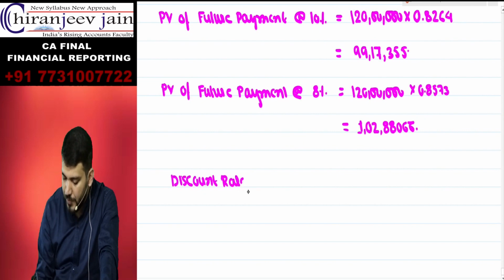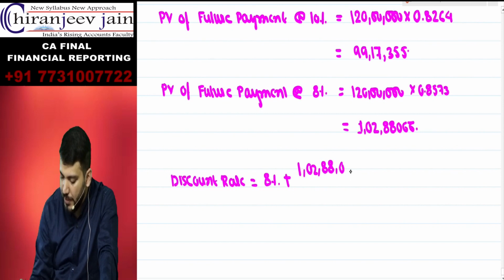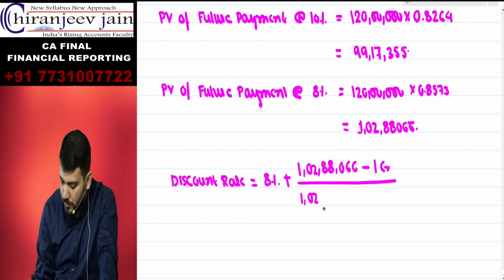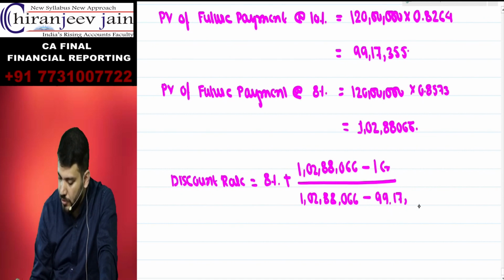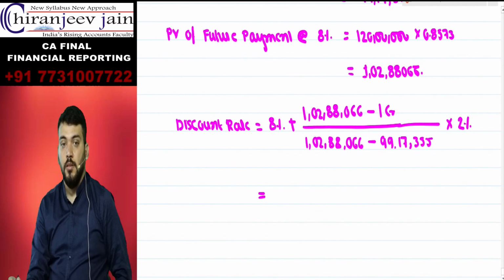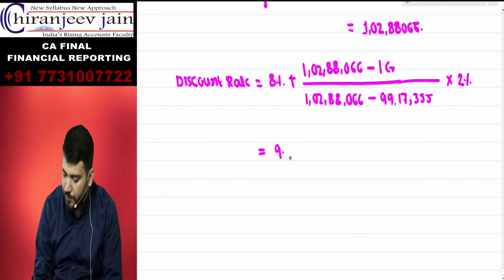Discount rate is equal to 8% plus 1 crore 2 lakh 88,066 minus 99 lakh 70,000... that is, 1 crore 2 lakh 88,066 minus 1 crore, divided by 1 crore 2 lakh 88,066 minus 99 lakh 82,645, into 2%. Batao. 9.544.